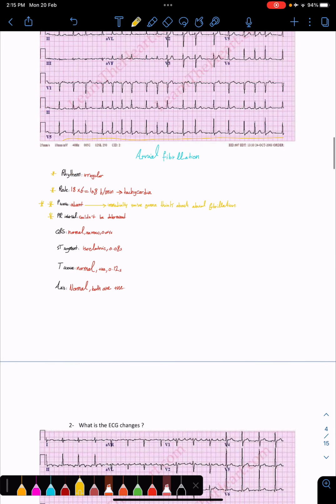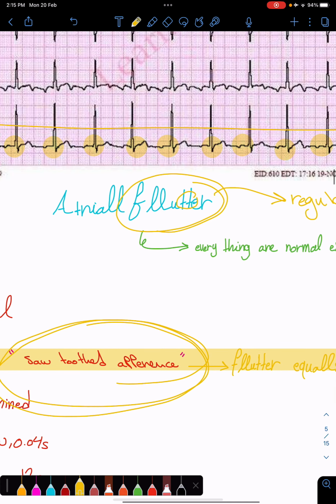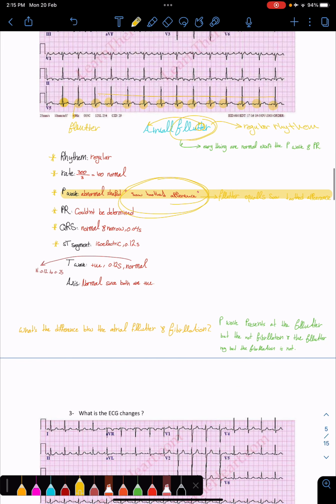Flutter and fibrillation. Remember, this is going to be T, which makes you remember the tooth appearance, right? Sawtooth appearance: flutter equals sawtooth appearance.